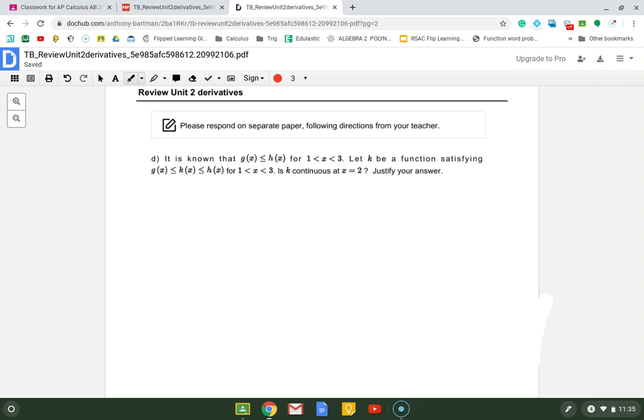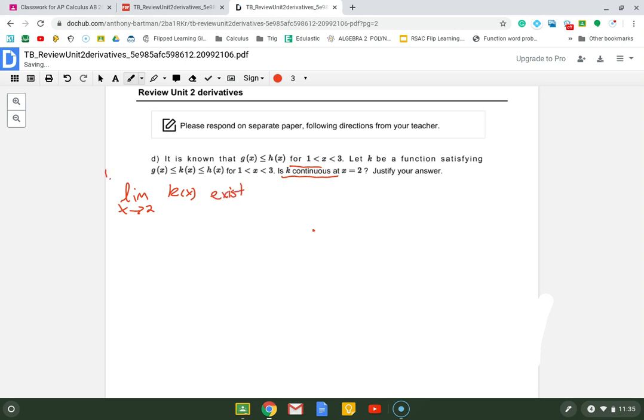Okay? And then lastly, for part D, it says, it is known that g of x is less than h of x for x between 1 and 3. And k is a function between g and h for x between 1 and 3. Is k continuous at x equals 2? Justify your answer. So what we want to know is what does it mean to be continuous? Remember, the definition of continuous means, one, the limit as x approaches 2 of k of x has to exist.